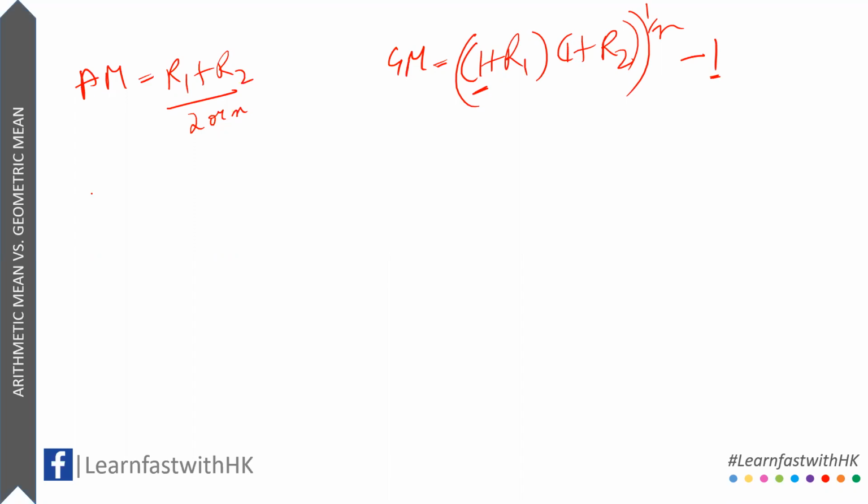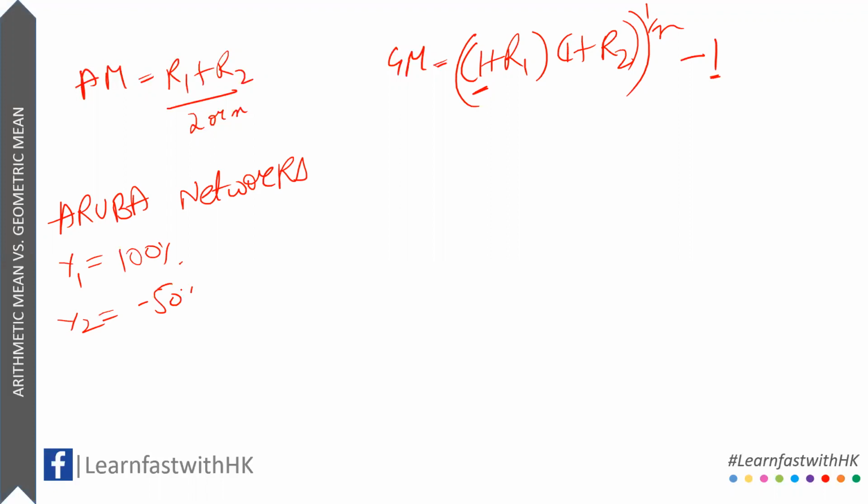Now let me provide you a hypothetical example of a company called Aruba Networks. Let's say that Aruba Networks delivered a return of 100% in year 1 and minus 50% in year 2, which means that if you had invested $100 in year 0 or today, after 1 year, that investment must have become $200 because you have received 100% return.